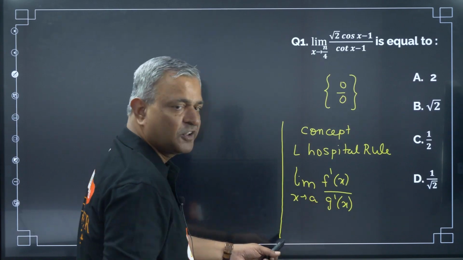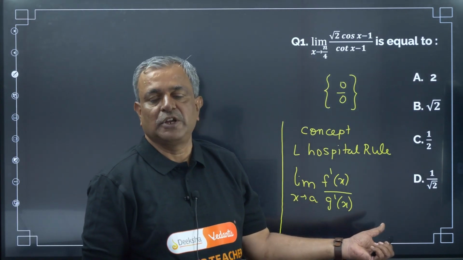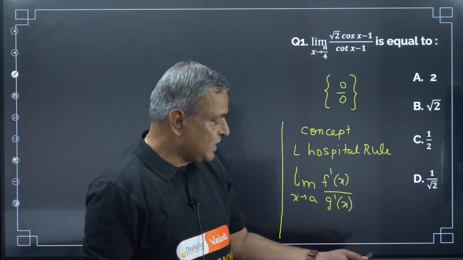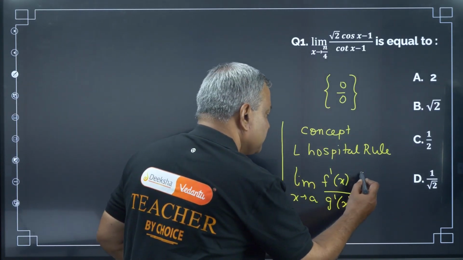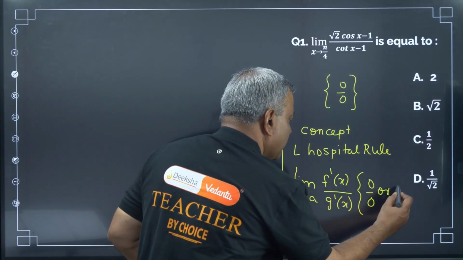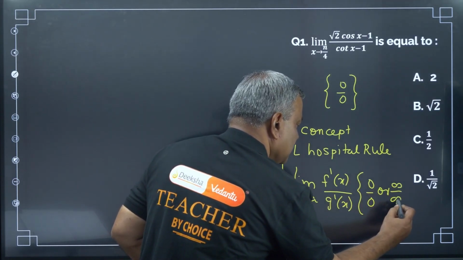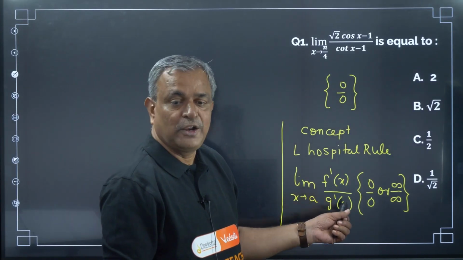We use this process until you get a finite limit or the solution is infinite. This is used when it is 0 by 0 form or infinity by infinity form. In any of this type of questions, you use the L'Hospital rule.